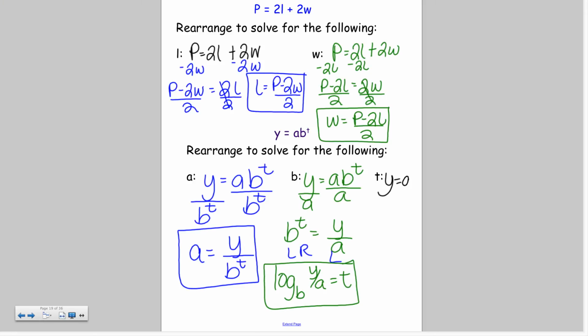Y is equal to AB to the T. So divide by A. I just flip these around. So the answer we got right here should be for this one.